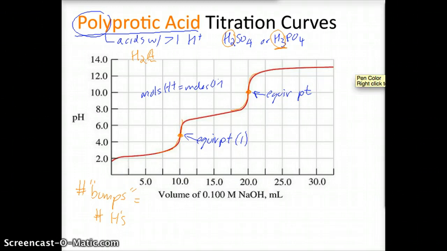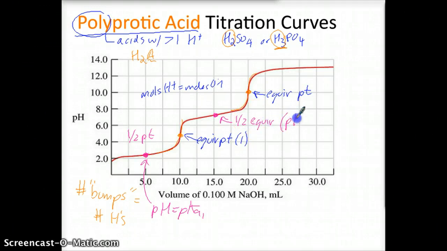You still have the midpoint, or the half equivalence point. What's special here is that the pH equals the pKa of an acid losing its first hydrogen, whereas here, at the second half equivalence point, this is where the pKa of the second acid equals the pH.